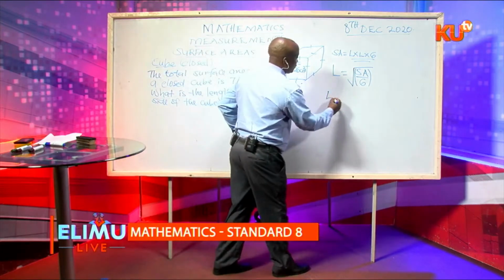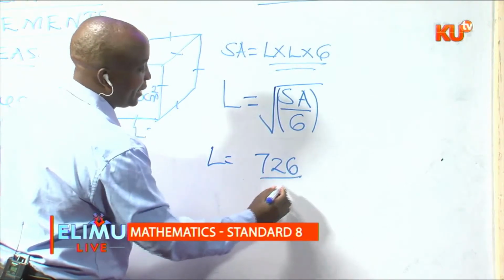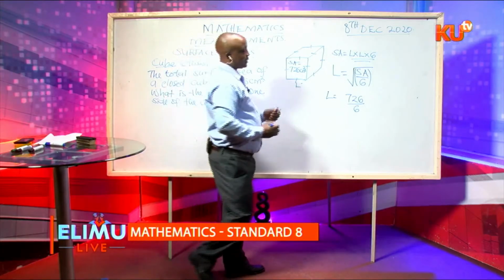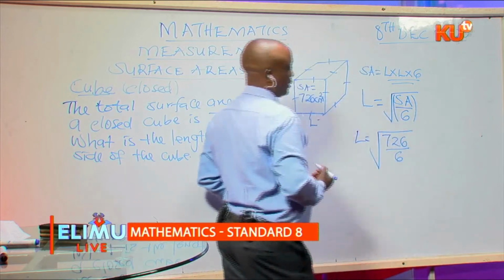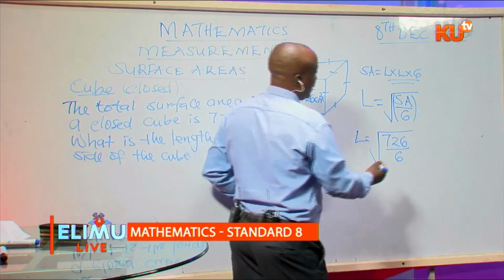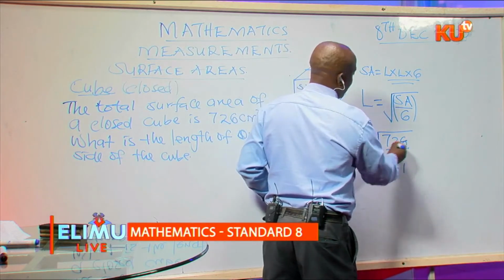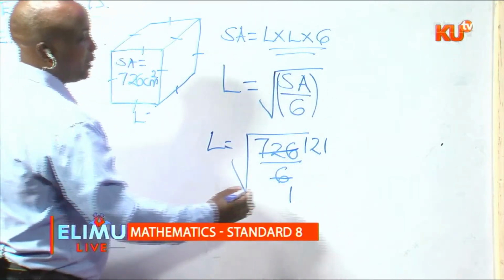So I have this, we are going to do it like this: 726, we divide by 6. What is 726 divided by 6? Then after that, we find the square root. So let us divide. We divide by 6 and we get 121.